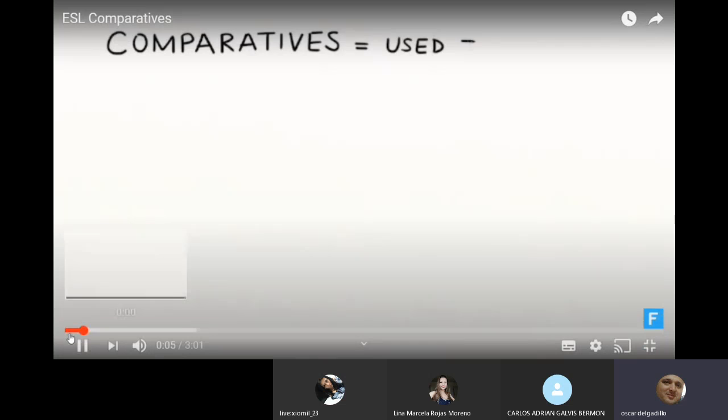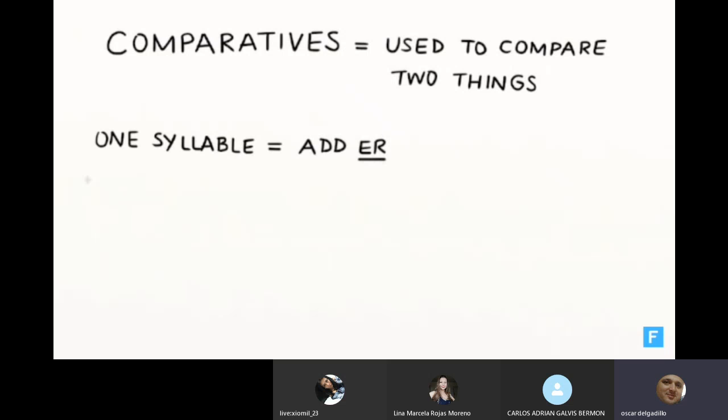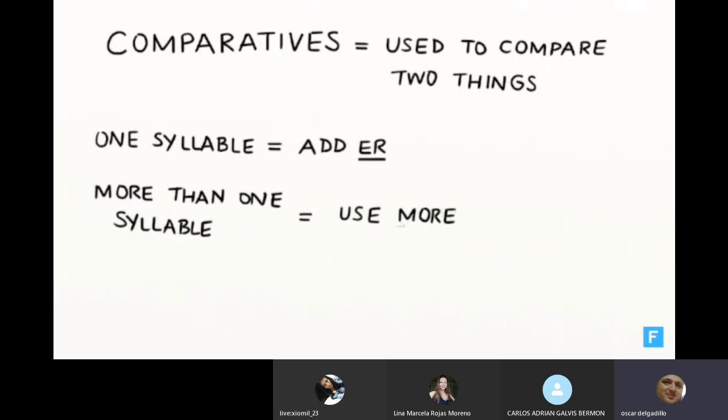are used to compare comparatives. Comparatives are used to compare two things. When we have an adjective that is one syllable, we must add er. When we have an adjective that's more than one syllable, we must use more.